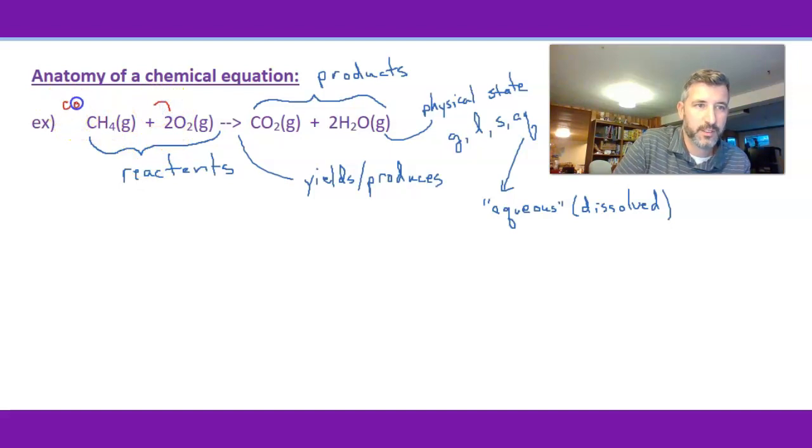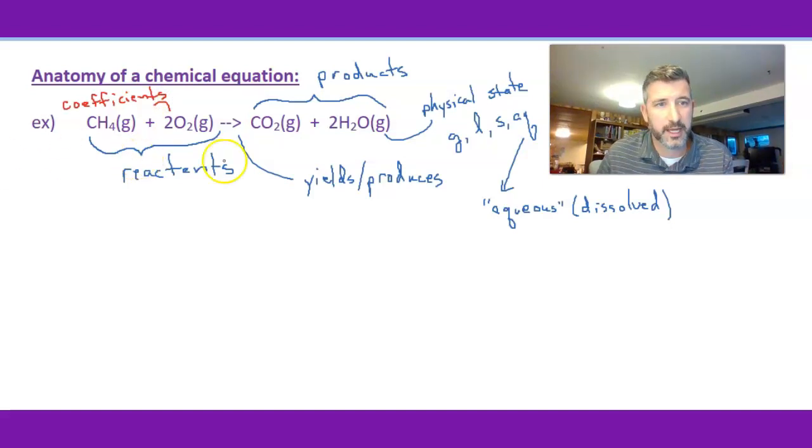So coefficients refer to the number of molecules or moles of each type. So this would be one CH4 molecule reacting with two oxygen molecules to produce one CO2 molecule and two water molecules. Or if we wanted to talk in larger, more tangible amounts, you could say 1 mole of CH4 reacts with 2 moles of oxygen, etc.